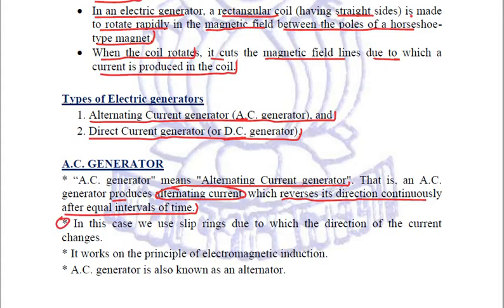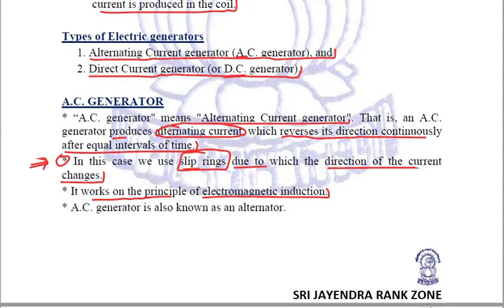Very important point is that in the case of AC generator, we use slip rings, due to which the direction of current keeps on changing alternatively. This AC generator works on the principle of electromagnetic induction, and it is also known as an alternator.